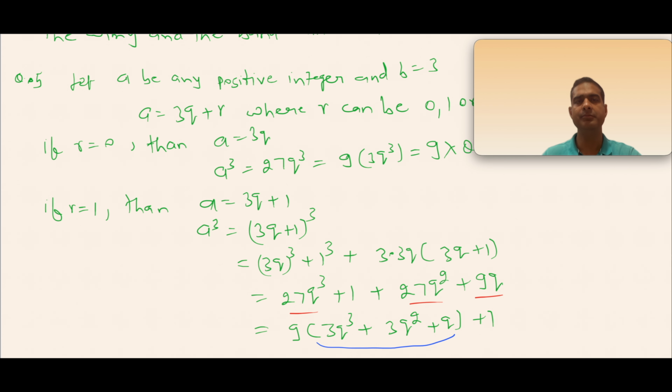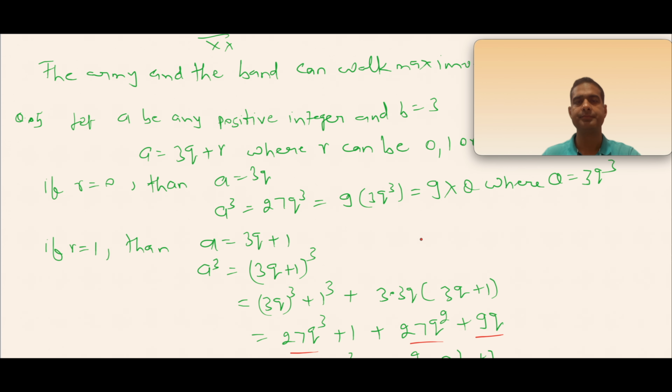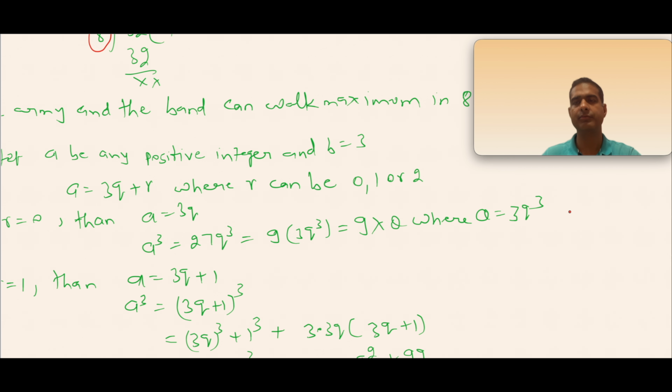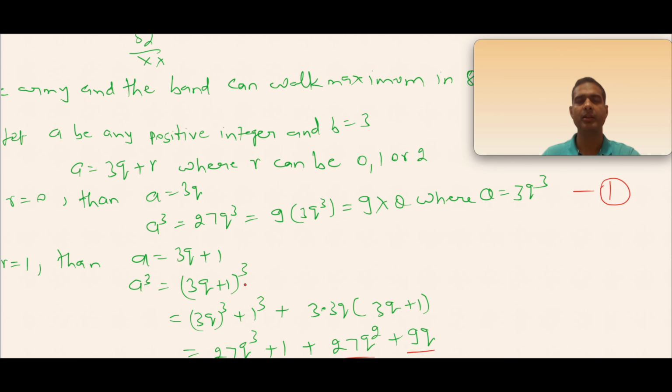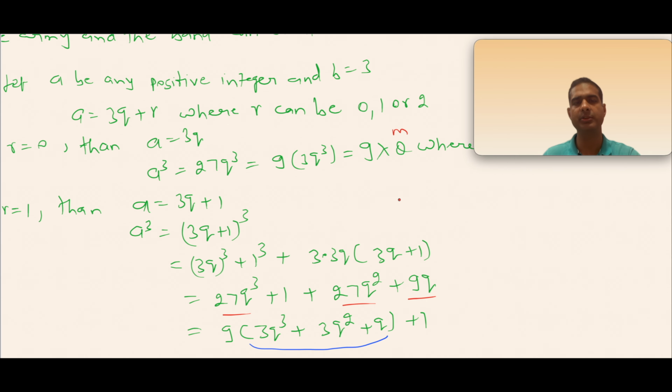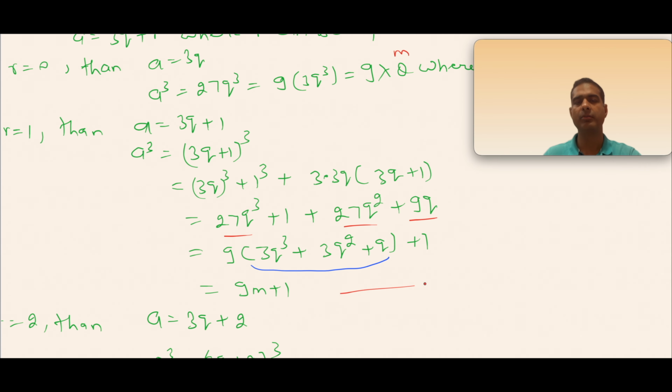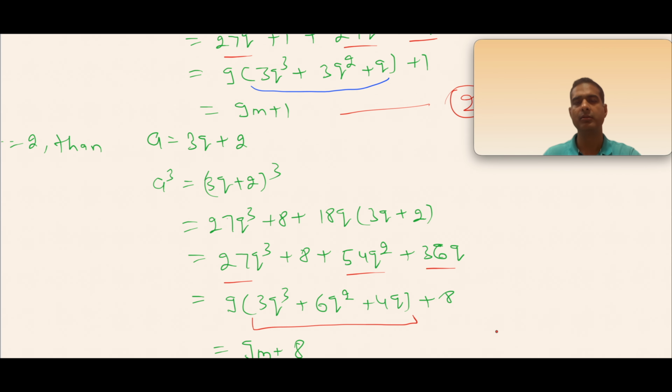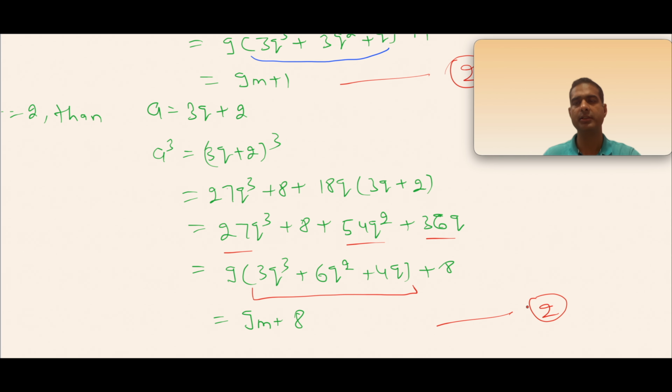So we can see, this is the first equation. When r is equal to 0, then again it is of the form 9q, or if we want, we can take it as m, because this is an integer only. From equation 2, it is of the form 9m plus 1, and from equation 3, we can see it is of the form 9m plus 8.